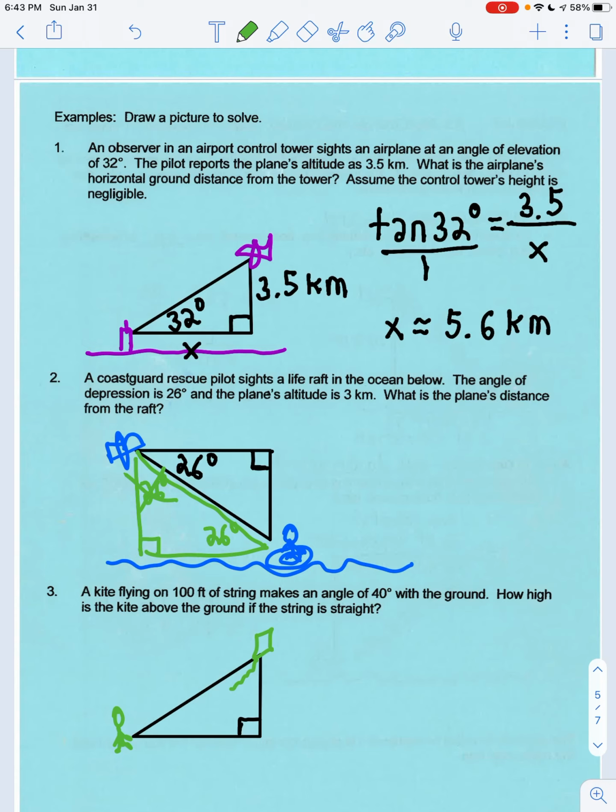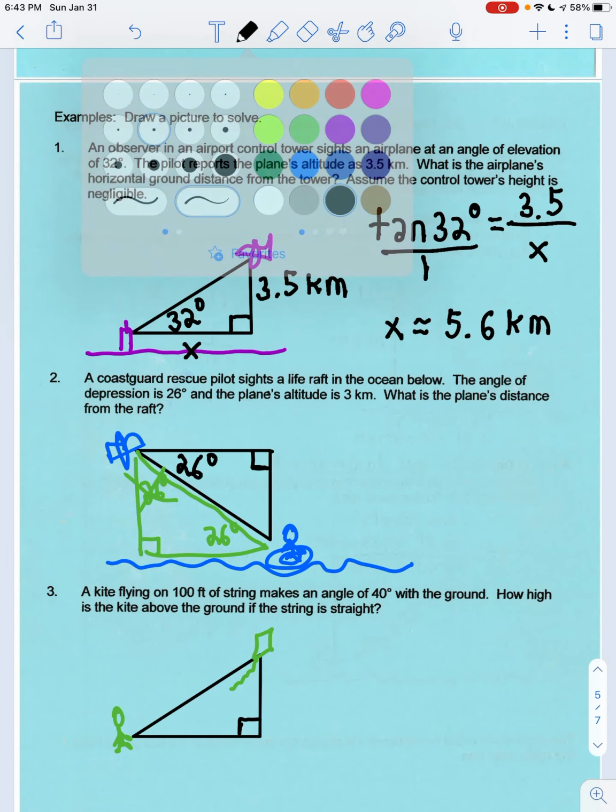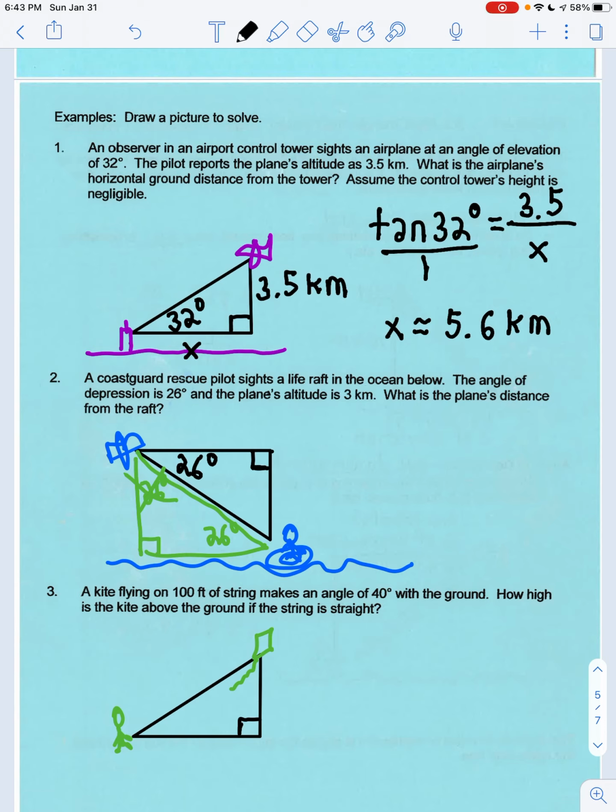In this problem, it says the plane's altitude is 3 kilometers. What is the plane's distance from the raft? If they don't specifically say horizontal distance, they mean that direct line distance. So here the hypotenuse is involved and the 3 kilometers is the side opposite.